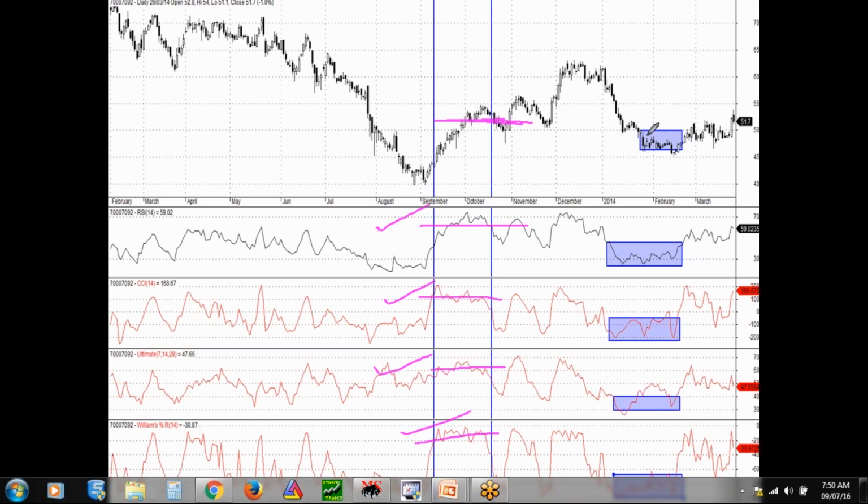Similarly, if you can see this within the box, you will see that the RSI has become oversold, the CCI has become oversold, the ultimate indicator has become oversold, and similarly this Williams percentage R has become oversold. So at this price level, all the four indicators have become oversold. But this does not give you the power of four.